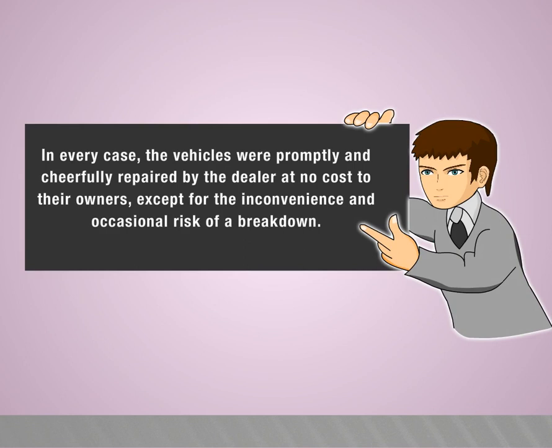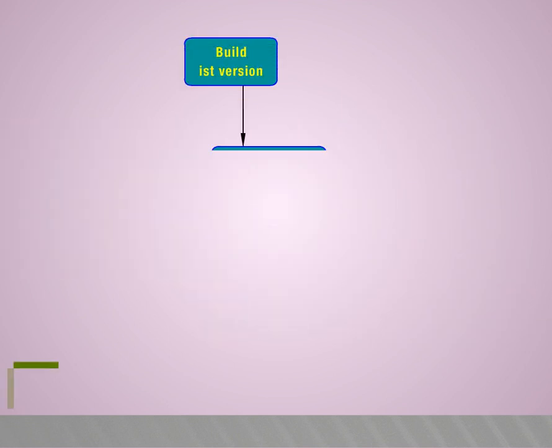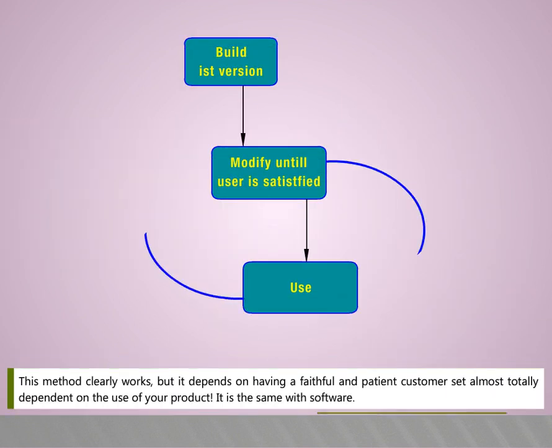In every case, the vehicles were promptly and cheerfully repaired by the dealer at no cost to their owners except for the inconvenience and occasional risk of a breakdown. This method clearly works, but it depends on having a faithful and patient customer set, almost totally dependent on the use of your product.